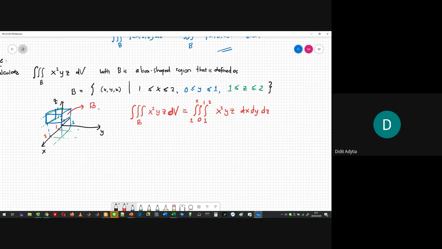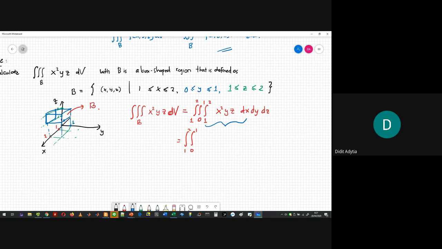Nah, sekarang gimana mengerjakannya? Kita solve dulu yang ini. Oke? So, I choose the same color. I write down everything in z and y from 0 to 1. Now we integrate this one. Nah, ini x square times y times z, we integrate with respect to x. Jadinya apa?